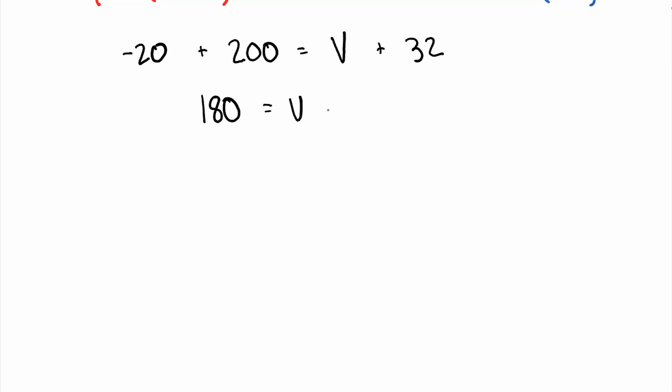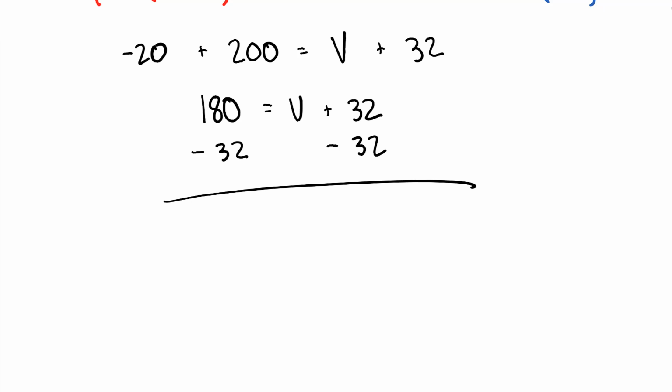That's equal to the final velocity plus 32. So in order to get rid of this plus 32, I have to do minus 32. And what I get is that the velocity is 180 minus 32, which comes out to be 148 meters per second. I should have been keeping track of the units the whole time, but I got kind of lazy. It's equal to the velocity of the ball at the end.